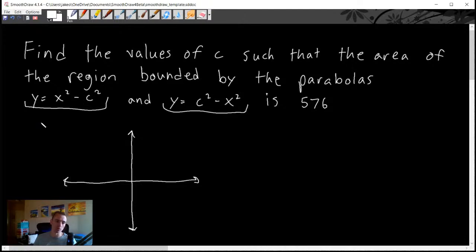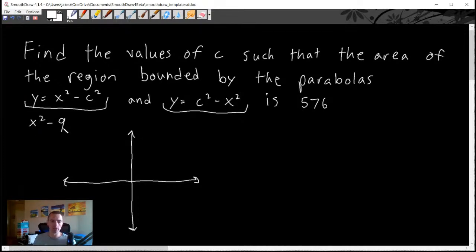Just imagine, what if we had x squared minus 9, for example. 9 is just some number, just like c squared would be just some number. We don't know what c is. c is what we're trying to figure out, but whatever number c is, it's going to give us something that looks like this, where we just have x squared minus some number.